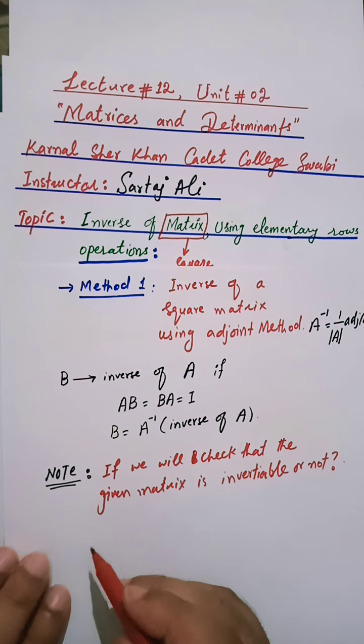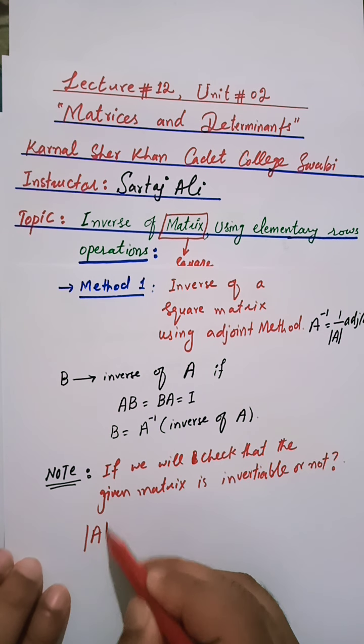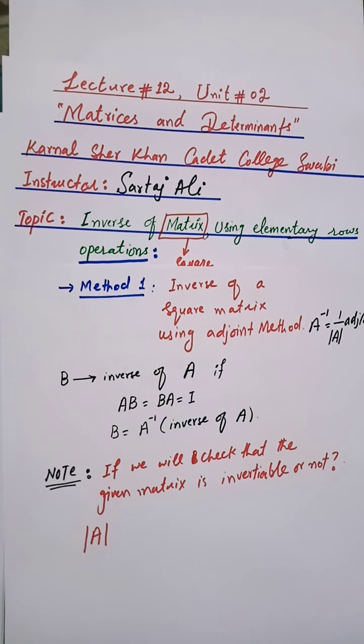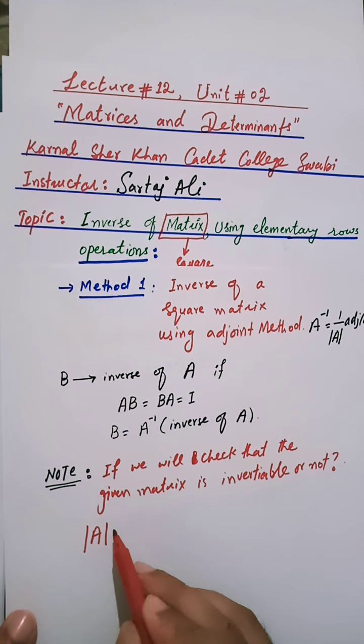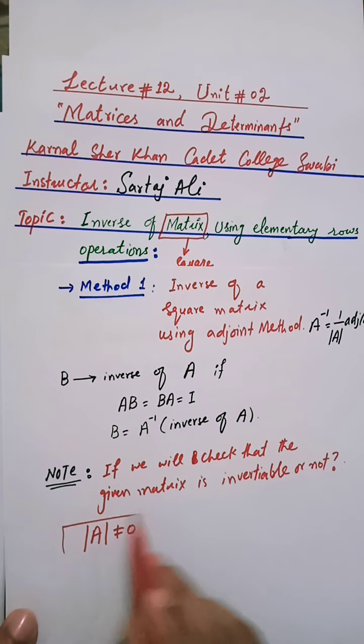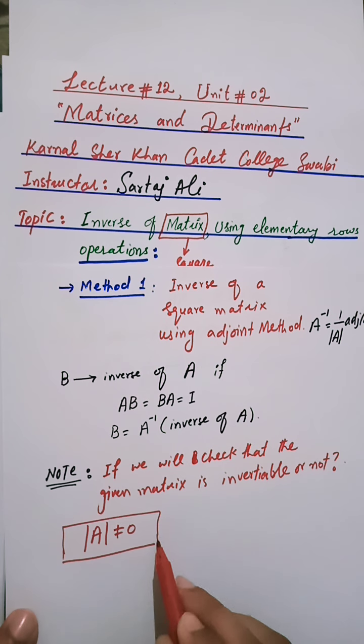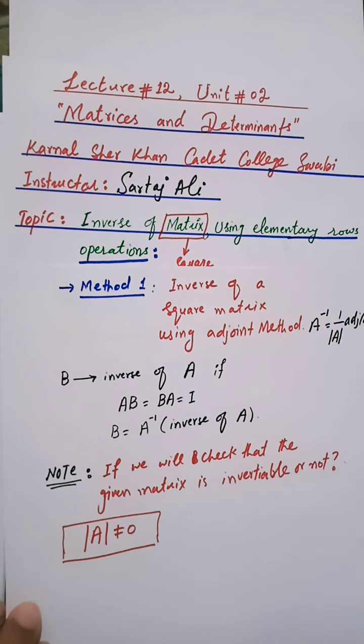For that we need to find the determinant of A. If the determinant of A is not equal to 0, then the matrix is called a non-singular matrix, and that matrix is invertible, meaning we can find the inverse of that matrix. So this is the important point while you are finding the inverse of a square matrix.